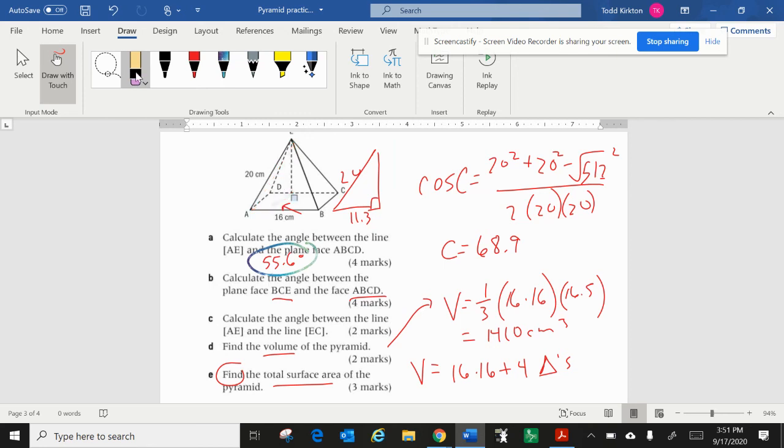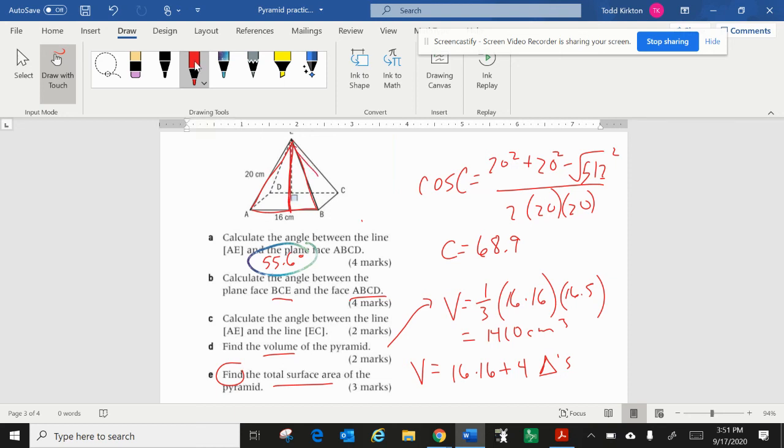I know that the sides are 20 and the base is 16. So I don't have a side-angle-side that I can use. I could use the cosine rule to find that angle. Did I find a base and a height? So I also know the base is 16.